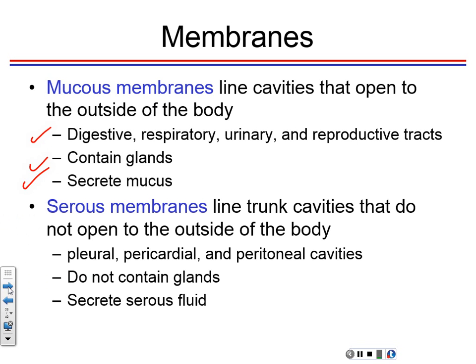We kind of did them last time. We know about serous membranes. These cover body cavities that don't open to the outside, like the thoracic cavity and the abdominal cavity, with the lungs covered by pleura and the abdomen covered by peritoneum. They don't open to the outside, and they usually occur in pairs, producing serous fluid that lubricates those organs.